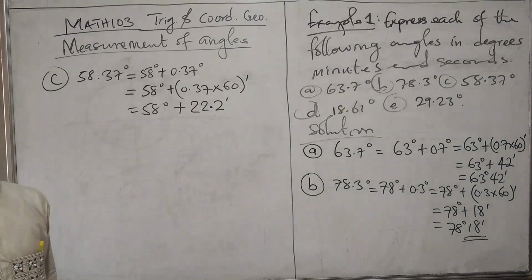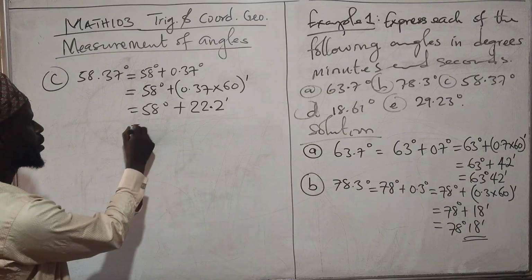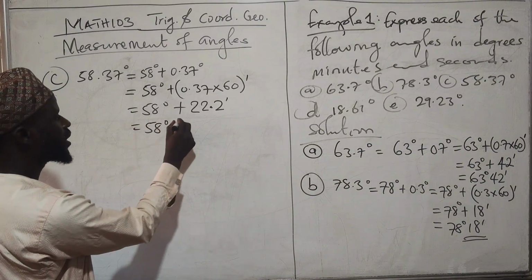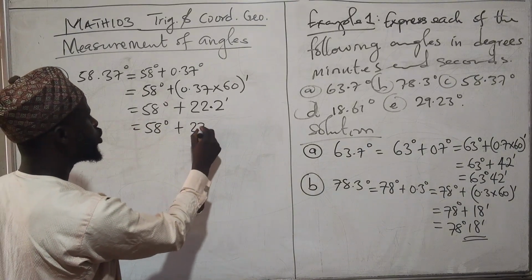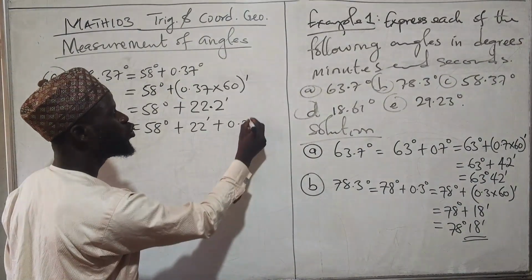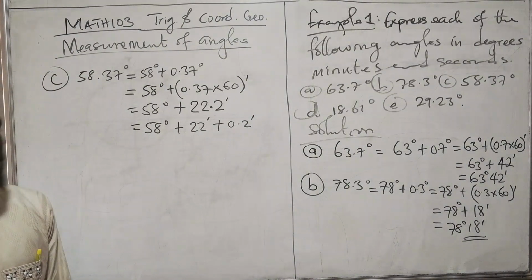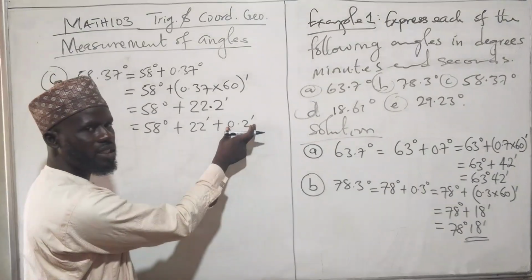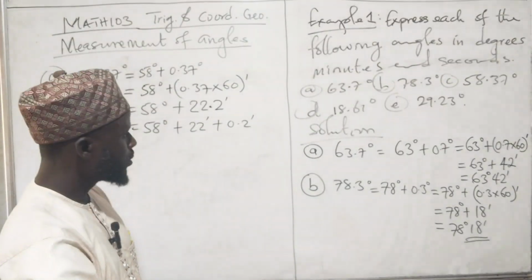So you write it as 58 plus 22 minutes and then plus 0.2 minutes. This 0.2 minutes, we further convert to seconds by multiplying it by 60.